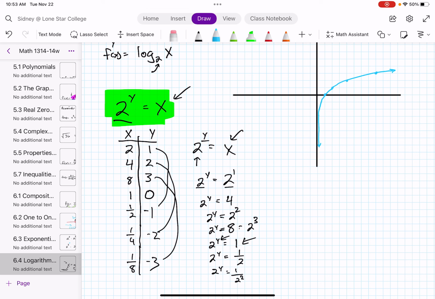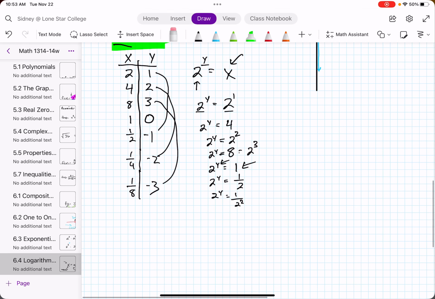So what about all the stuff to the left of the y-axis, all those negative x values? What's interesting is we can't actually have a negative x value. If I said -2, I'm saying 2 to the power of y equals -2.